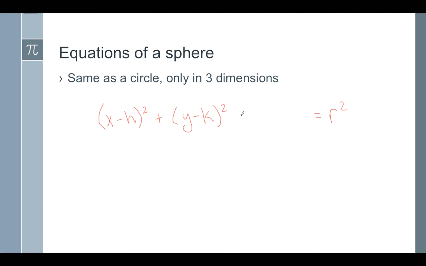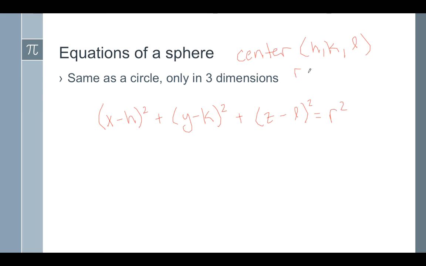The textbook uses an L, so I'll go ahead and use an L as well. So this is with center h, k, l. Notice I'm using a cursive l because regular l's look like 1s. So plus z minus l squared. There you go. That's the equation of a sphere with center h, k, l and radius r.